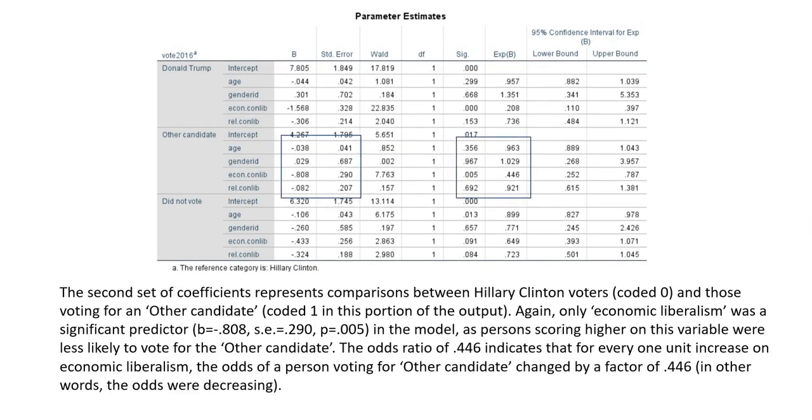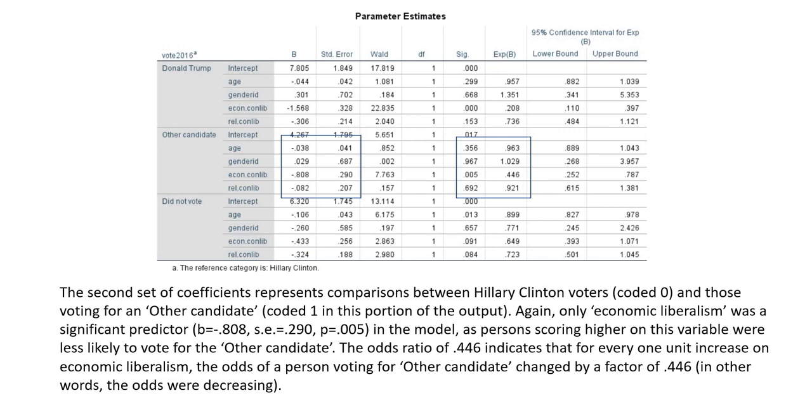Okay, for the second set of coefficients, we have comparisons between the other candidate and Hillary Clinton, and again, only economic liberalism was a significant predictor in the model. You can see there's our p-value that's given. Again, the coefficient is negative, indicating that individuals who voted for an other candidate tended to score lower on economic liberalism.